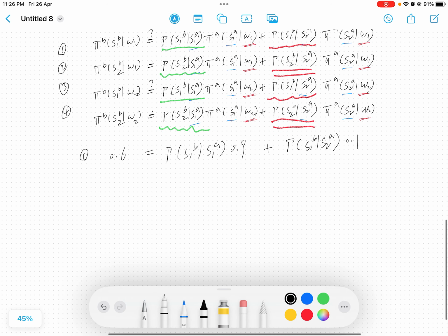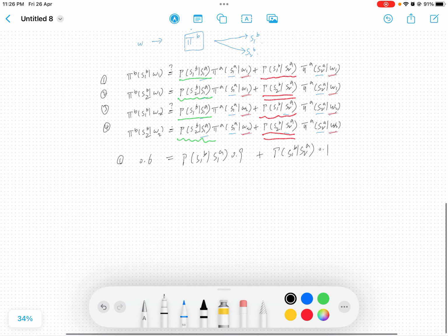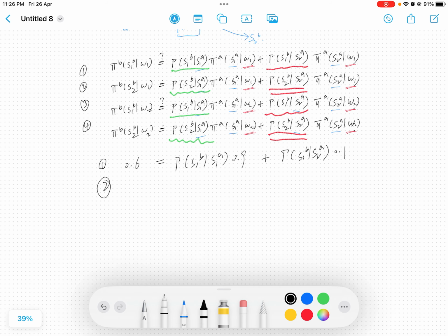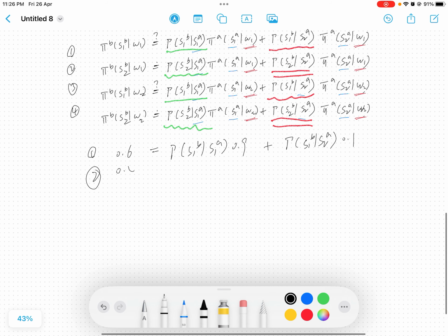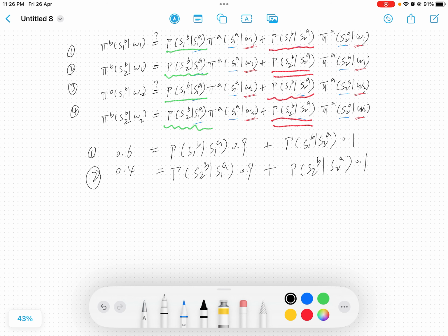So this is the first. So the second becomes 0.4 equals gamma S2b given S1a 0.9 plus gamma S2b given S2a 0.1, right?